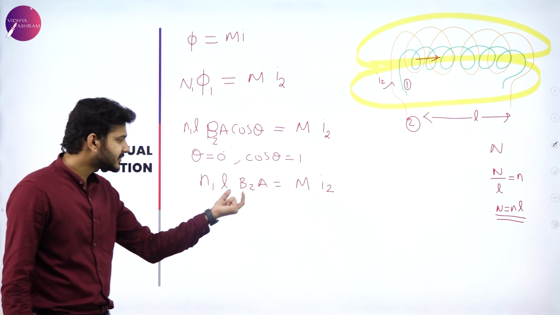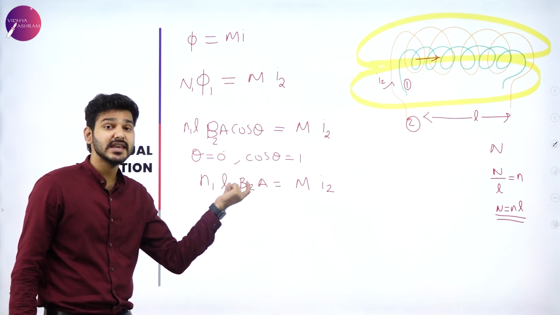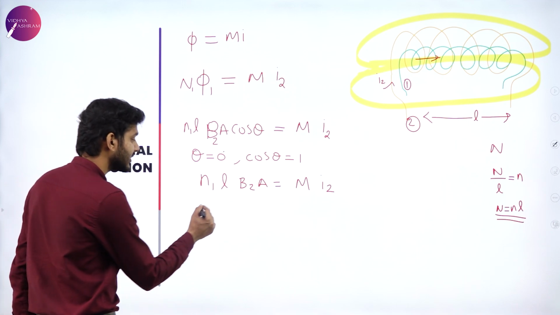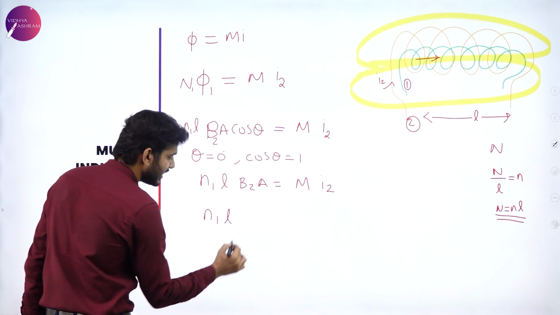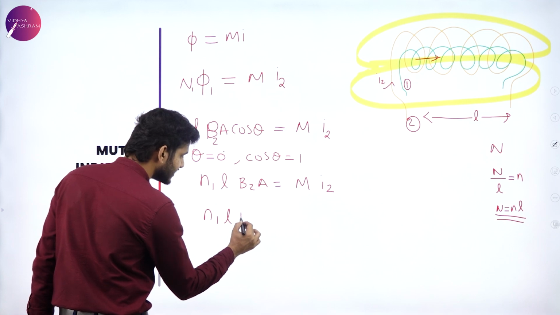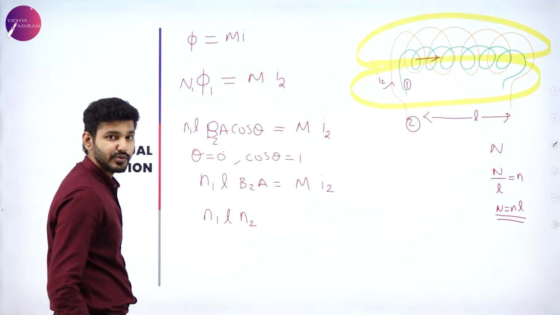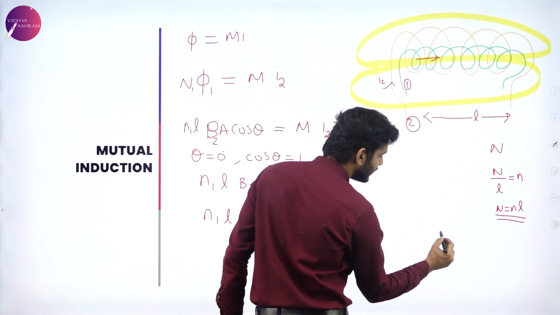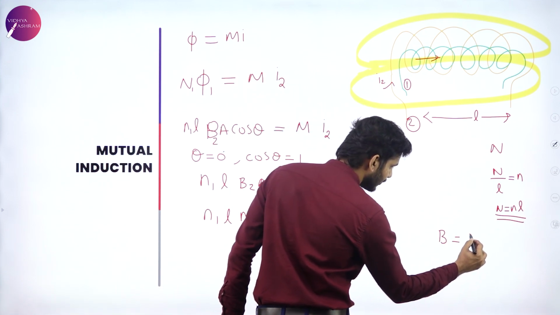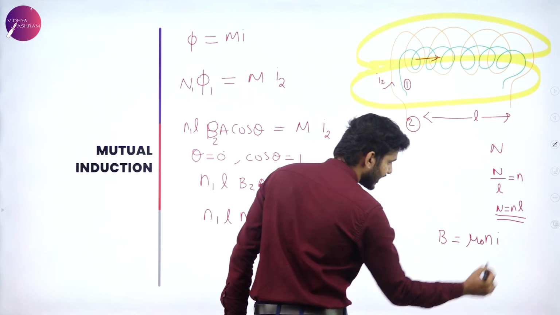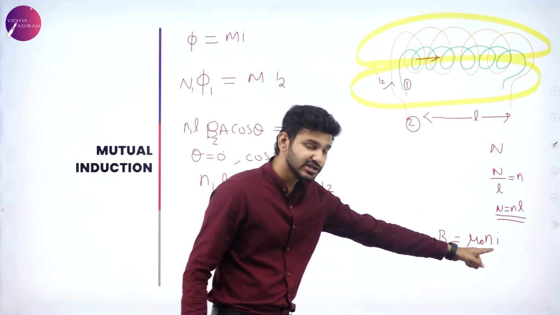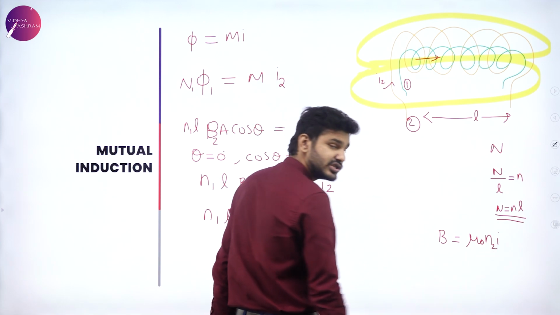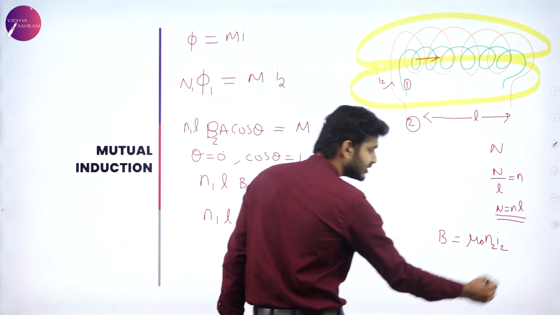Now we are going to substitute the value of B in this particular equation. We already know B for a solenoid is mu naught N I, that is B is equal to mu naught N I. Here it is N2, because we are considering coil number 2, and the current is I2.